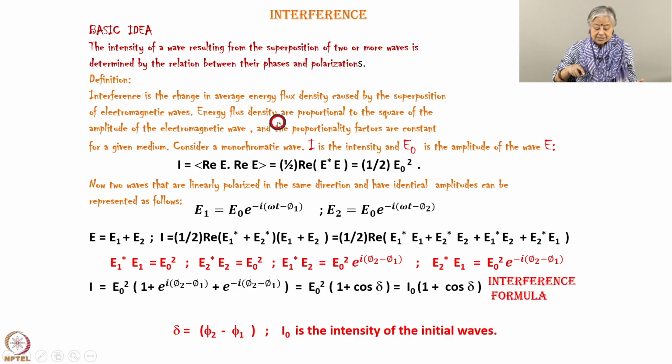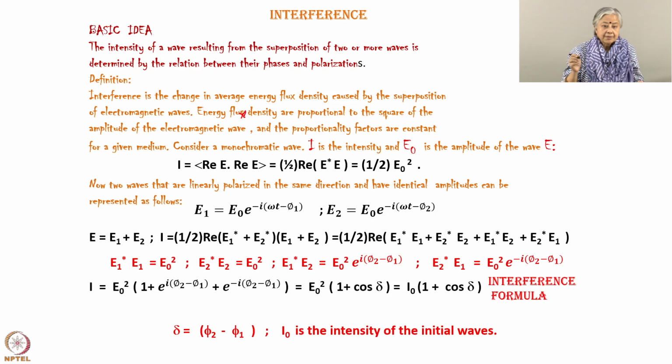Energy flux density is proportional to the square of the amplitude of the electromagnetic wave, and the proportionality factors are constant for a given medium. This you have come across at different parts of the lectures that I have given previously.